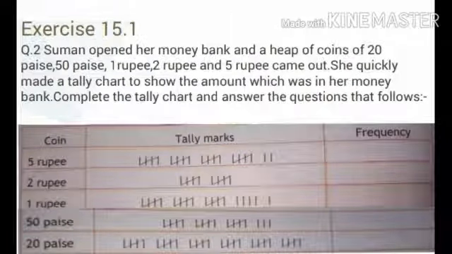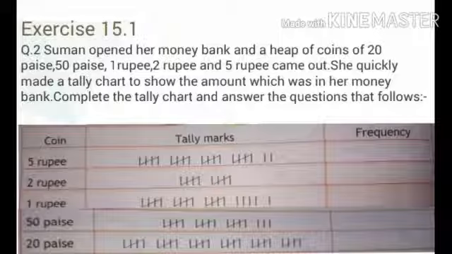Now let us solve sums from exercise 15.1 related to making tables. Okay, let us read the question first. Suman opened her money bank and a heap of coins of 20 paise, 50 paise, 1 rupee, 2 rupee and 5 rupee came out.